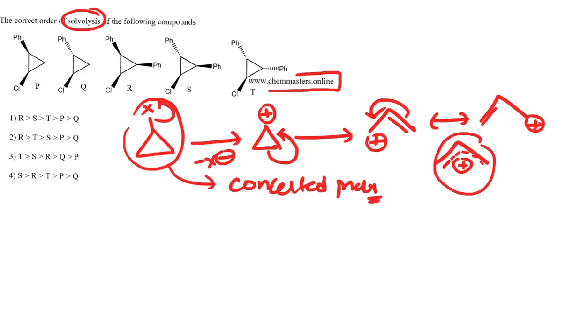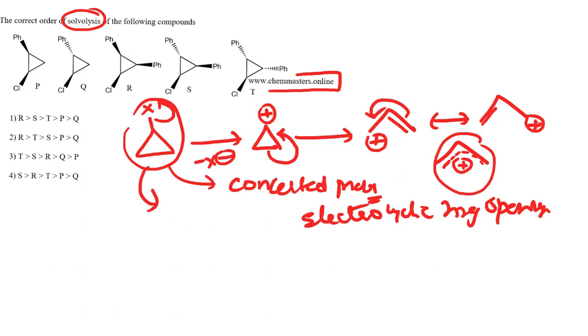So here electrocyclic ring opening takes place in a single step. Now we can say that here a 4n system is involved in the ring opening of cyclopropyl halide to produce allylic cation.